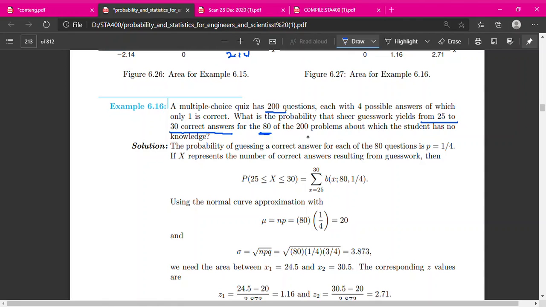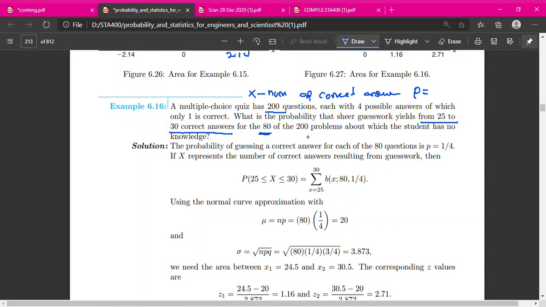Okay. Correct answer. So, first of all, determine dulu what is your variable. Variable-nya adalah number of correct answers, sebab dia nak cari probability of correct answer. So you need to know what is the probability of correct answer.